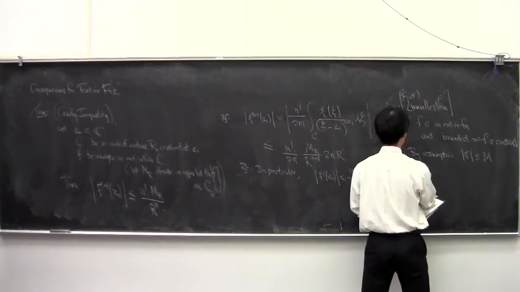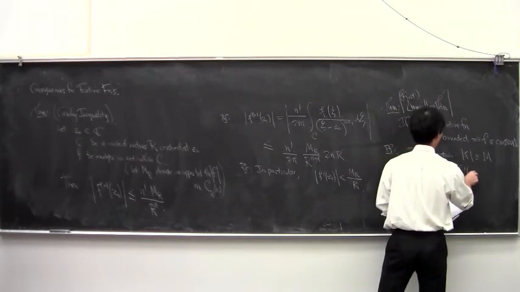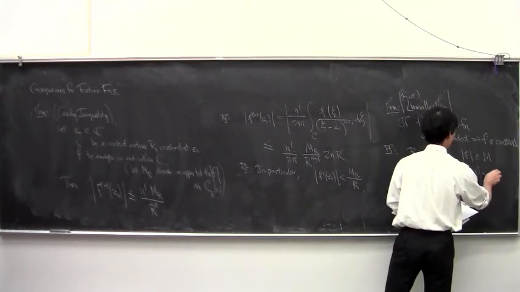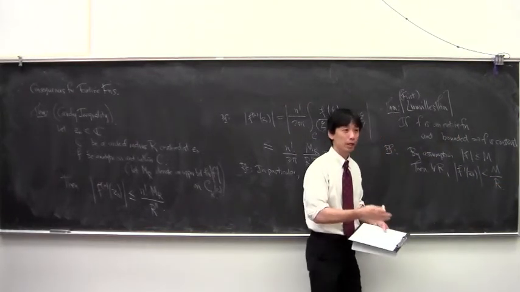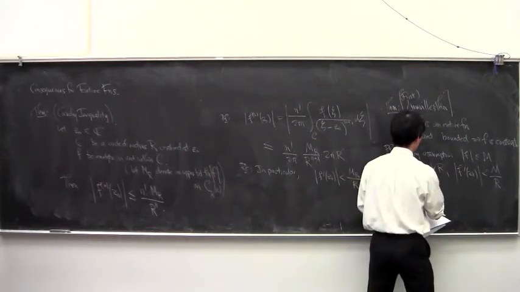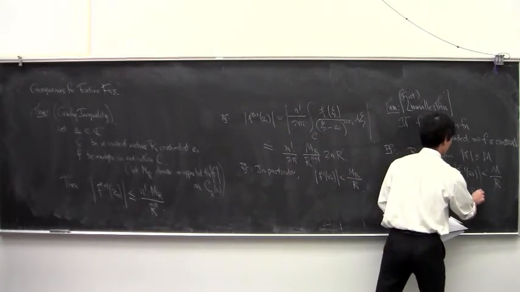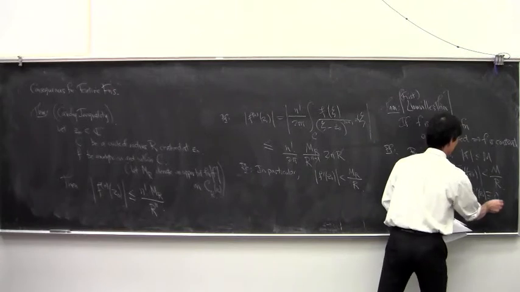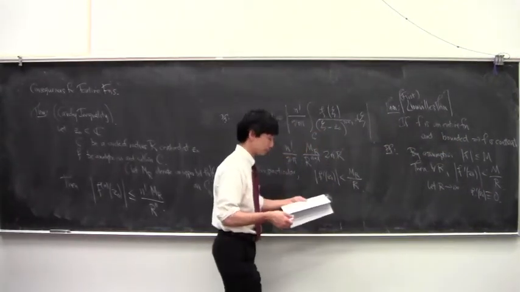But then for all R, f prime of z naught is bounded by M over R. So let R go to infinity. You see that f prime is 0, the derivative is 0 everywhere, so it's constant.